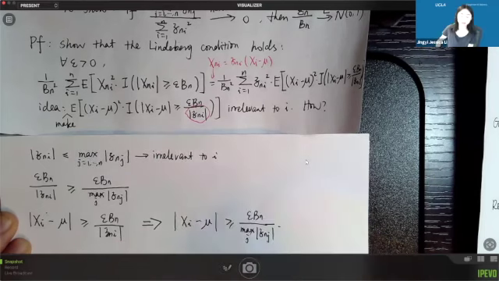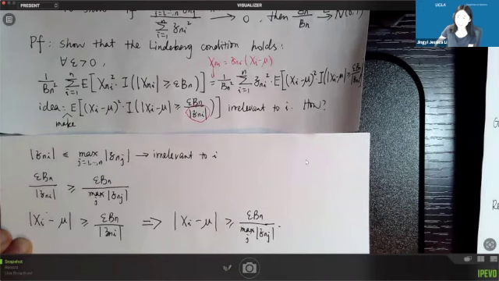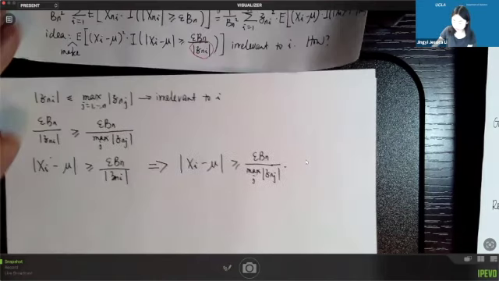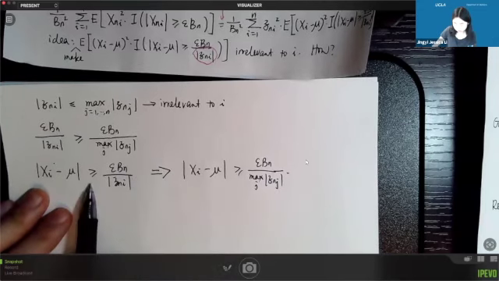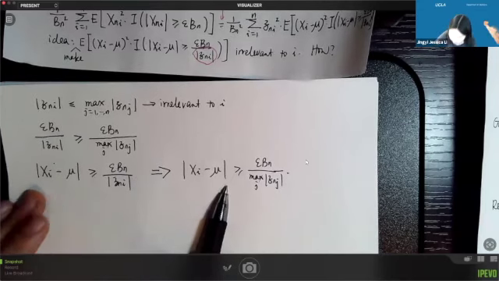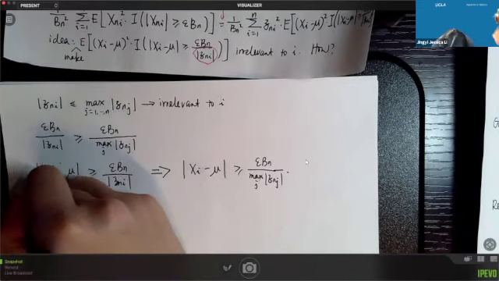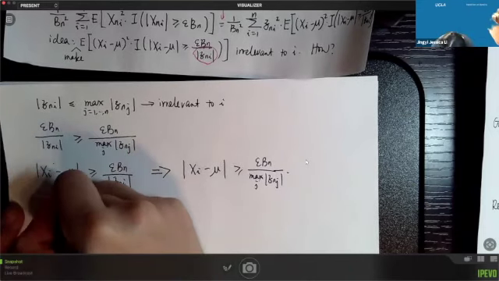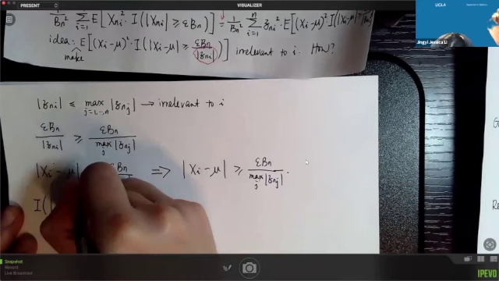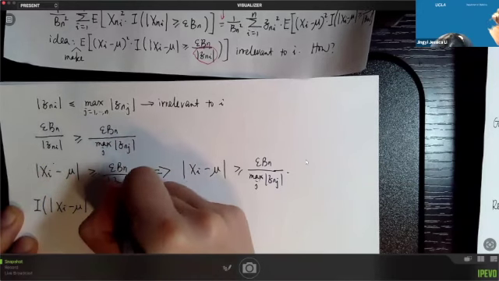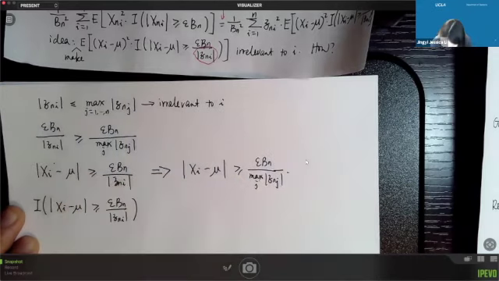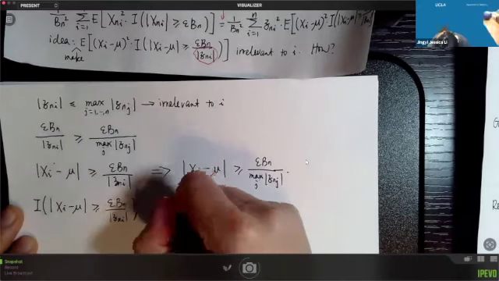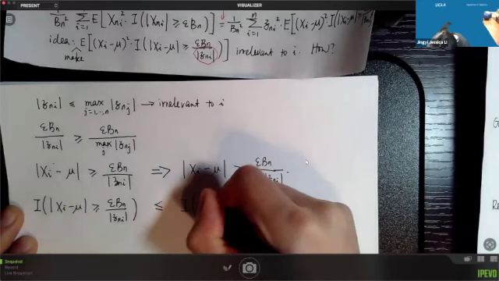Okay, and now as we see that whenever this happens, this event implies this event, then we know the indicator function must be less or equal than the indicator function of this.